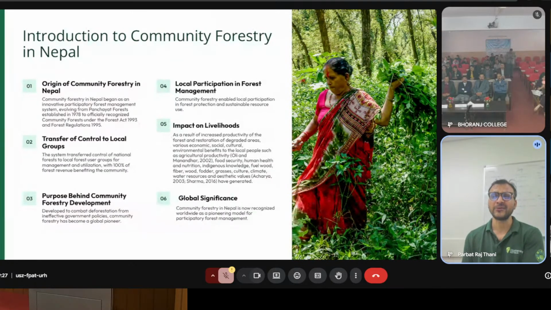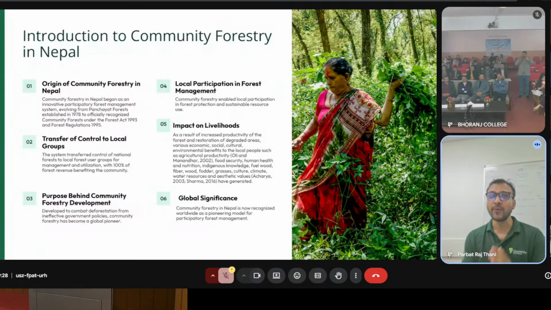And then government later realized, why not provide a certain part of forest land to the people so that they will be able to manage it nicely. So as a trial, they started forming community forest, and that really helped the people. Its main motto was of the people, for the people, and by the people.